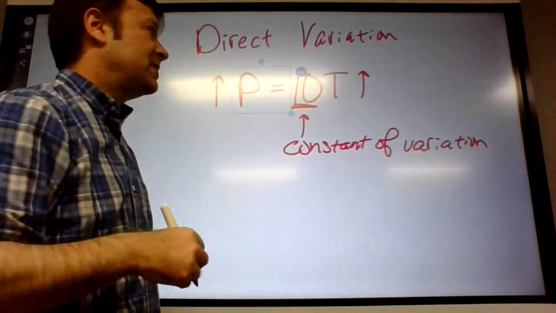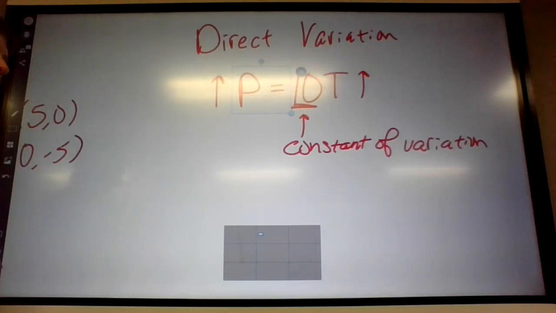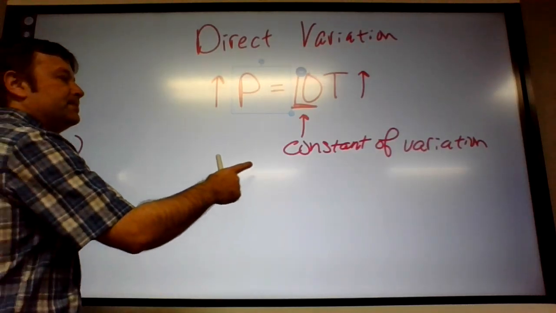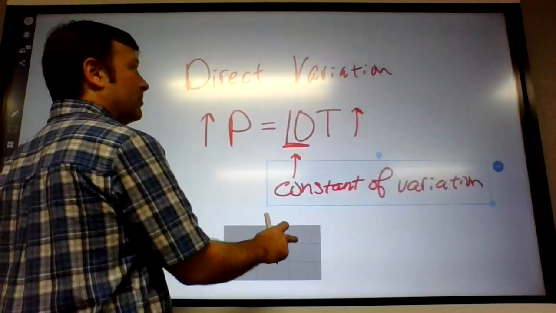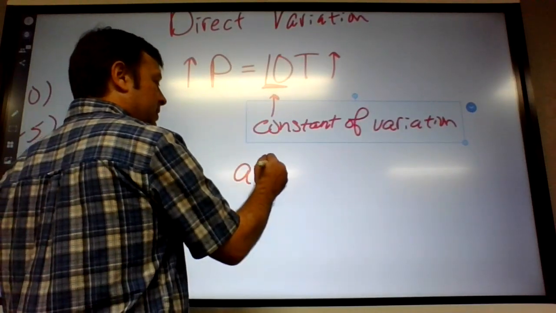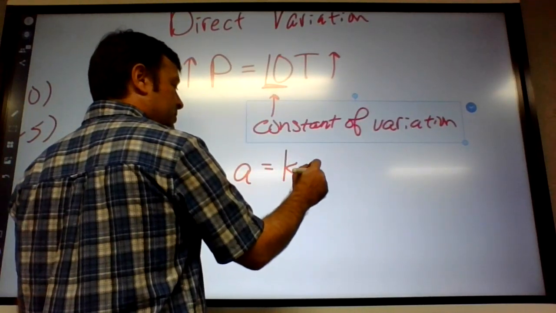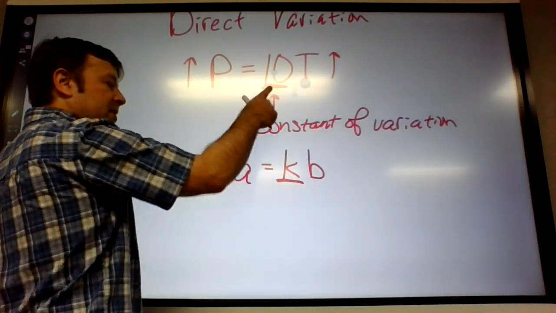It basically tells us our profit is going to go up 10 times faster than the number of t-shirts we sell. So the general form of direct variation is A equals KB. So K is the constant of variation.